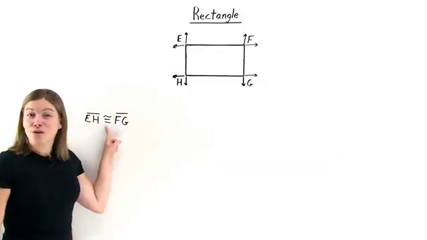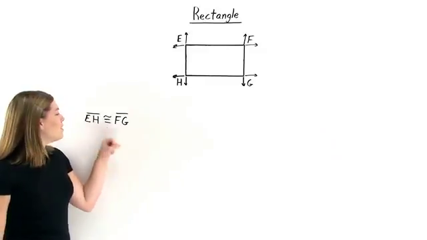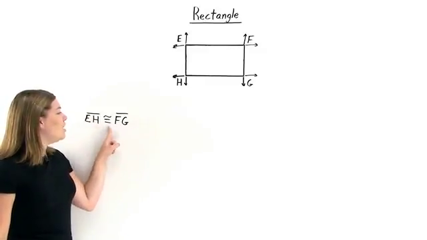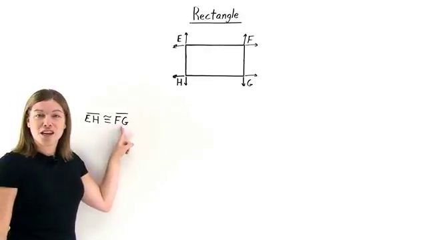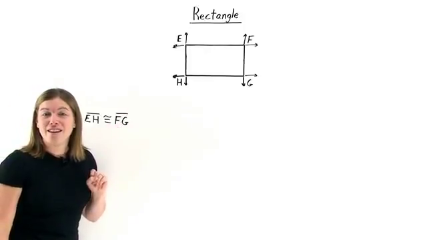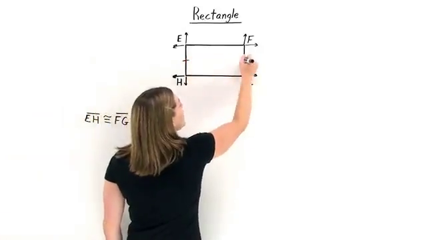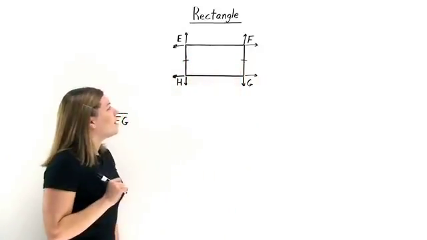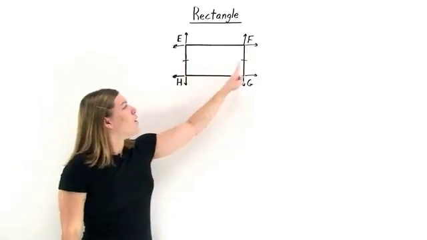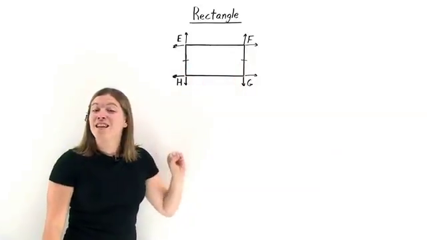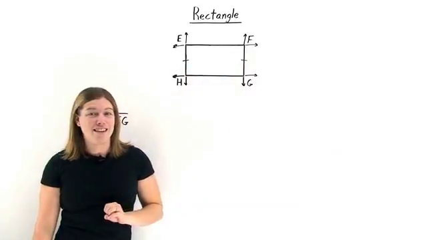This symbol means congruent to. So here we're saying that side EH is congruent to side FG. They're the same length. And if we want to indicate that on our figure, we can write this mark right here. Drawing this mark on each of these sides indicates that those two sides are the same length.